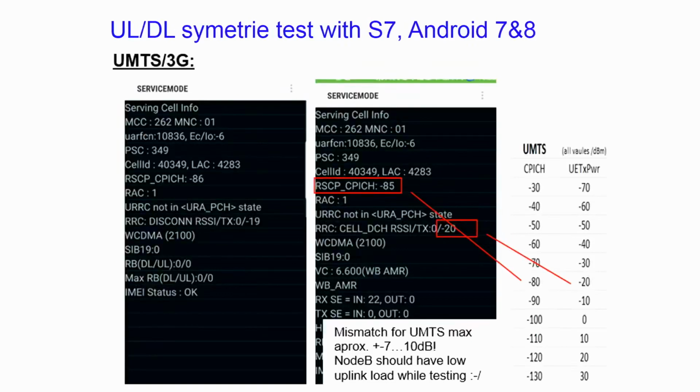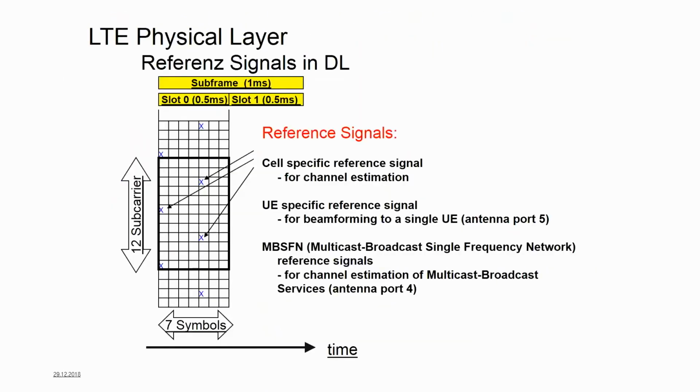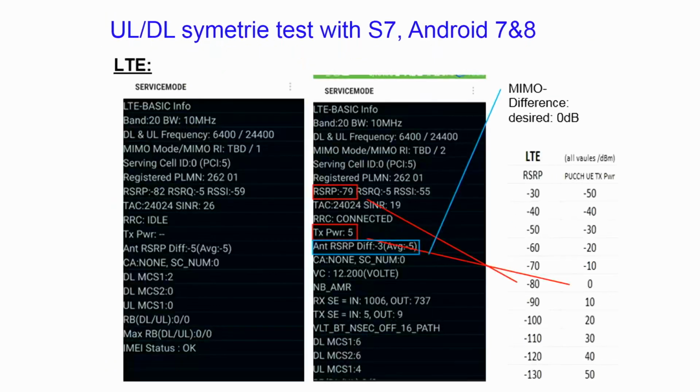This also works with UMTS. We use the common pilot channel. That's the pilot channel where the signal indicator is based on. And with UMTS, this correlates 1 to 1. You cannot change that. That's a network operator. It also works with LTE. I have some more stuff about LTE.